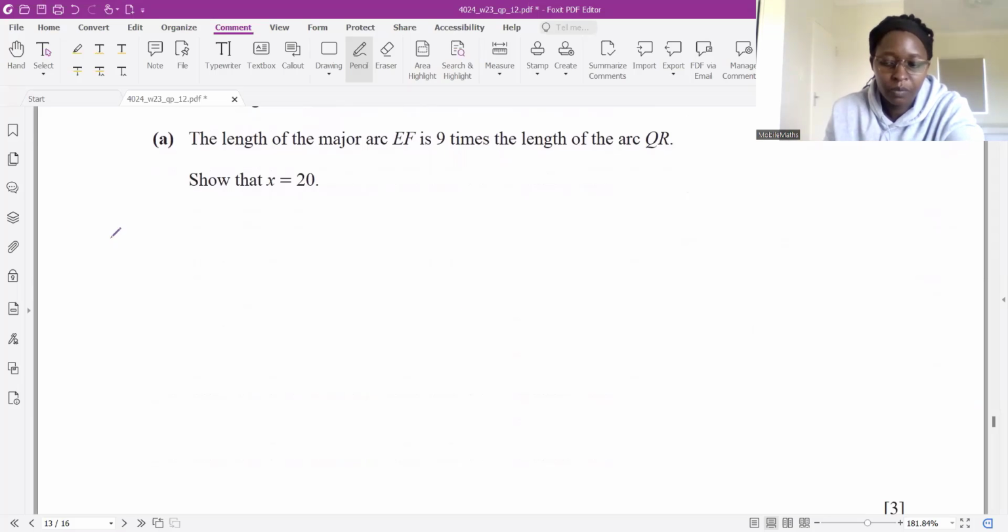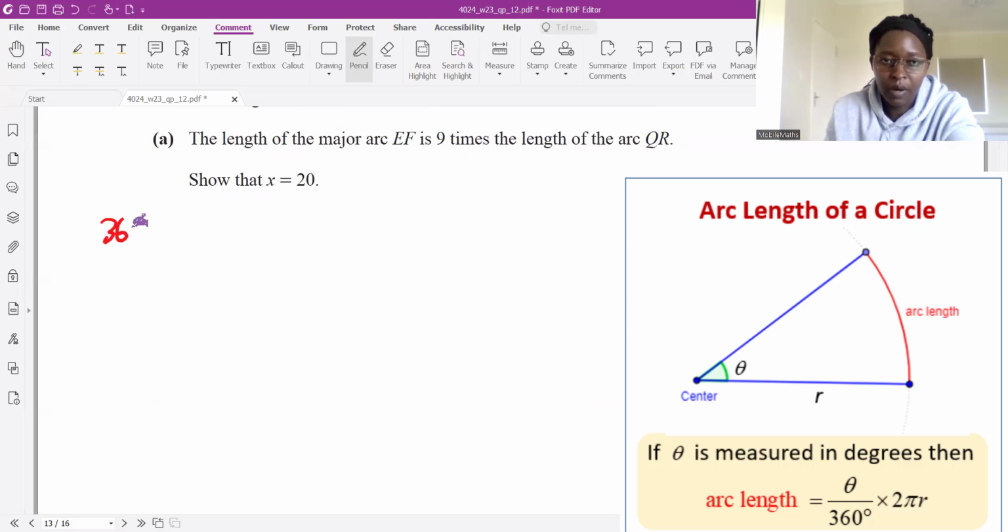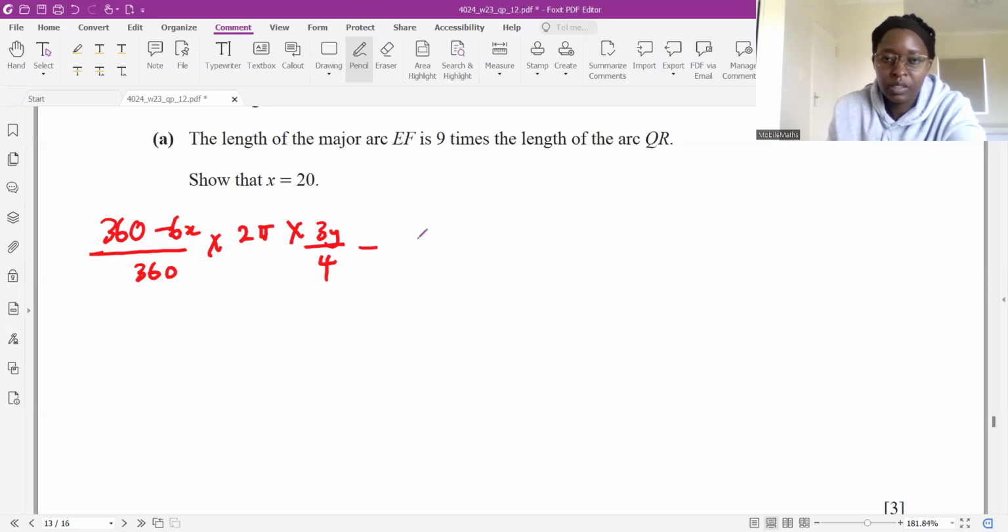So we can say 360 minus 6x over 360 times 2 pi times 3y over 4, because that's our radius, is equal to 9 times the smaller x over 360 times 2 pi y here.